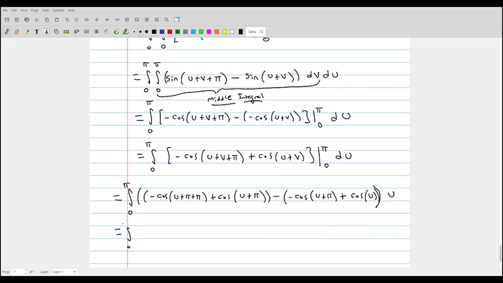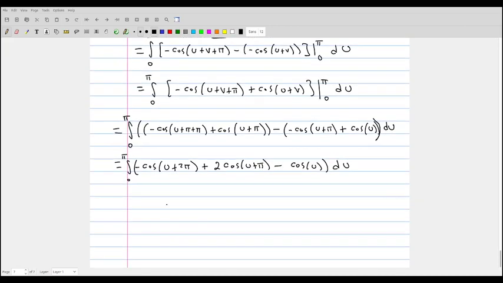And this will be the integral from 0 to pi of negative cosine of u plus 2 pi plus 2 times cosine of u plus pi minus cosine of u du, which is going to be equal to the antiderivative of cosine of u plus 2 pi, which is sine of u plus 2 pi, and you have a negative sign right there, so that has to stay there.